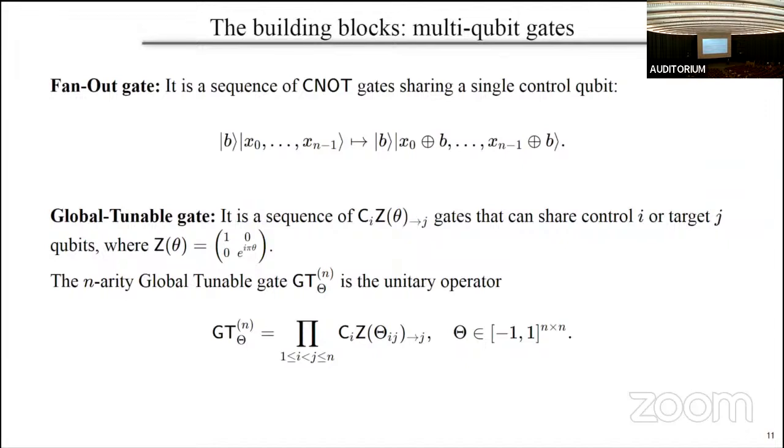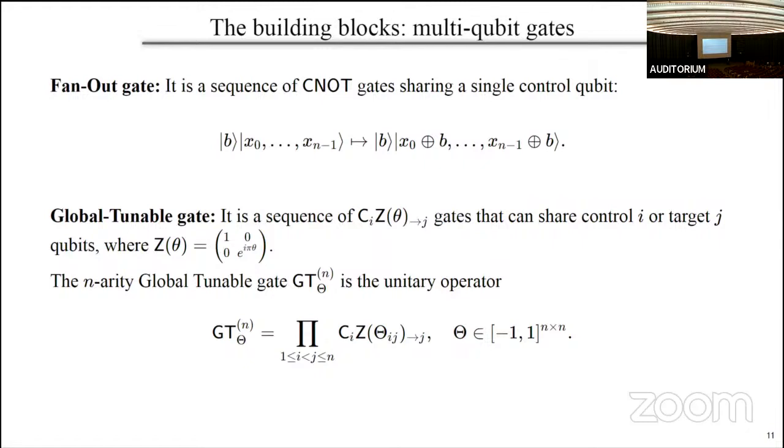These are very fundamental and have appeared before, like the fan-out gate, which is basically a sequence of CNOTs that share a single control qubit. It's basically copying. You can copy one qubit into many other qubits at the cost of one CNOT. So fan-out is the equivalent of copying classical data, which is cheap classically, but not so much quantumly. And the other one is called the global tunnel gate.